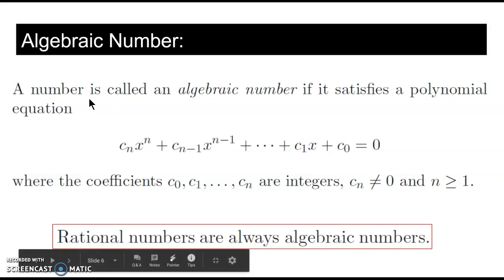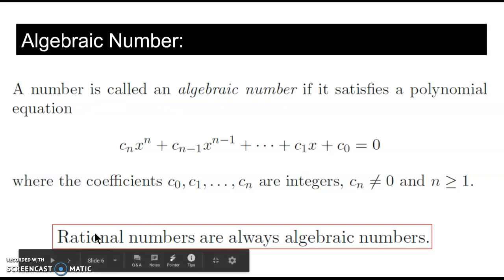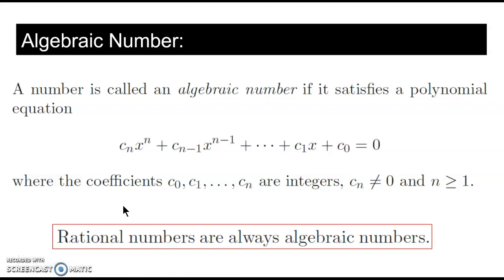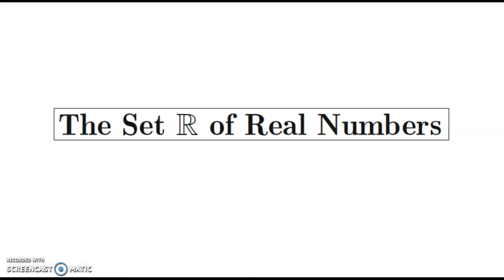So a number is called an algebraic number if it satisfies a polynomial of this form. Now remember, rational numbers are always algebraic numbers because they satisfy some such polynomial. Now the most important set, the set of real numbers, that is denoted by R.